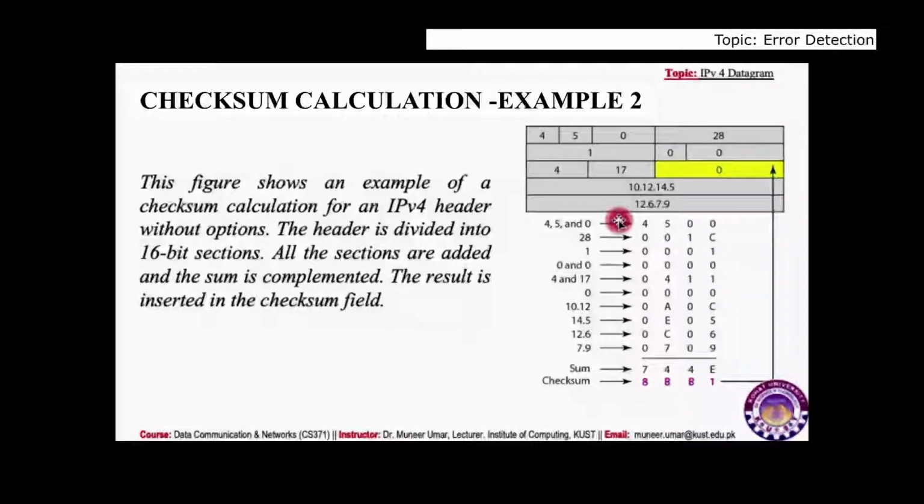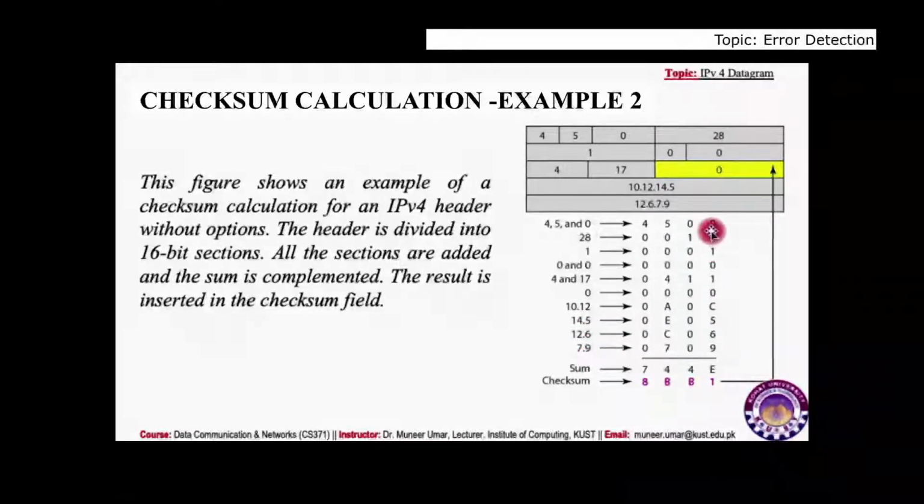In the previous example we did this, but in fact, for checksum we need 16 bits. So we are going to take 16 bits from here, 4, 5, and 0, convert it into hexadecimal, then 28, convert it into hexadecimal, then here 16 bits, 1. This one is converted. Similarly, all these values are converted. The IP addresses are also split into two parts. 1012 is taken, then 14.5 is taken.